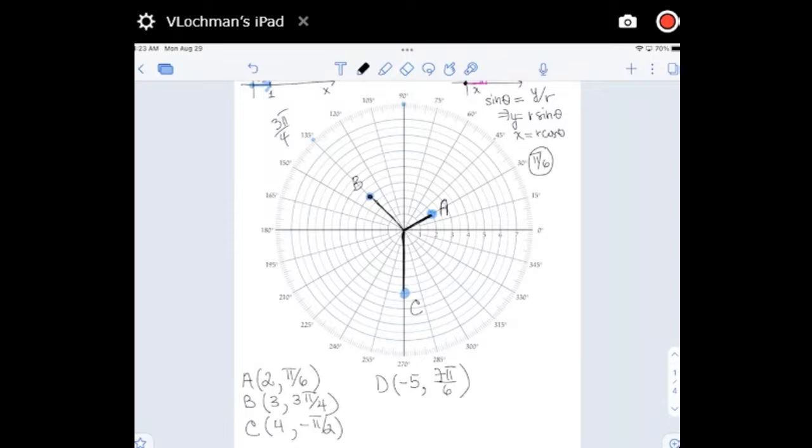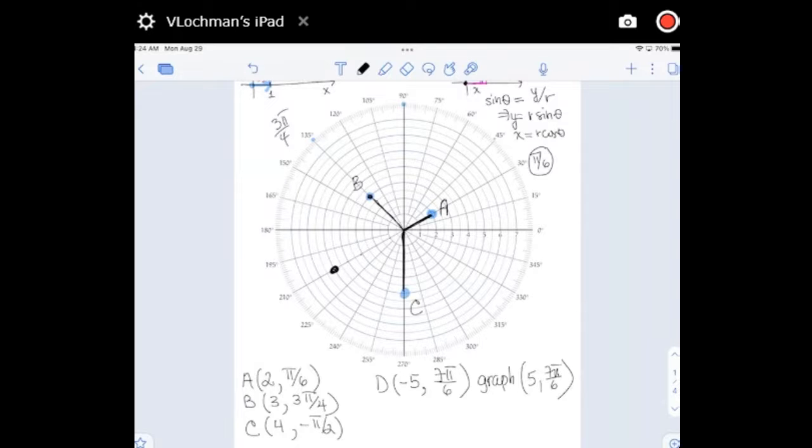So imagine there's no negative there, and I'm just going to do 5. So step number 1, just graph 5, 7 pi over 6. So 1, 2, 3, 4, 5. This one right here. That's not our point just yet.